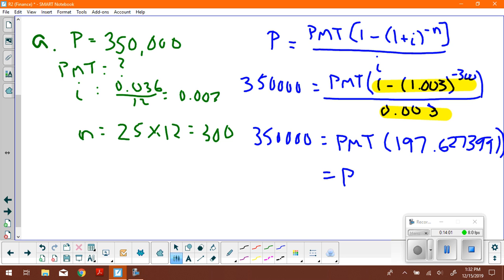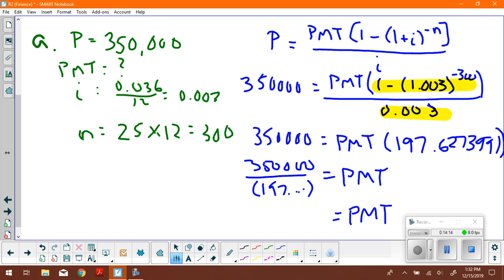To solve for payment, I'm going to take my mortgage value and divide it by that decimal. So for our payment, we get $1,771.01 per month. So that is a monthly mortgage payment.